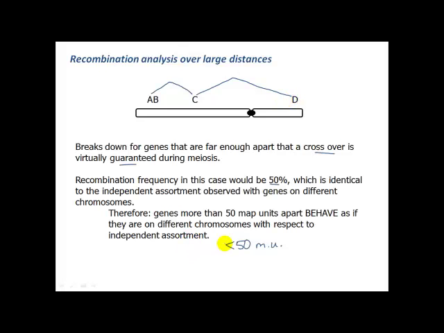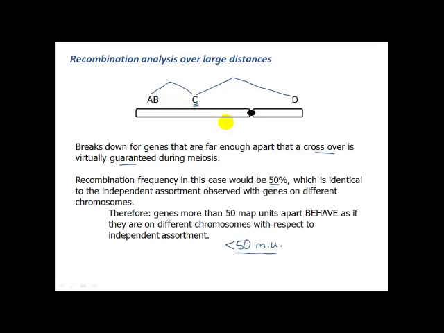So in order to map genes that are separated by greater than 50 map units or centimorgans, you would have to map them relative to another gene along the chromosome. Okay, so that's recombination analysis.